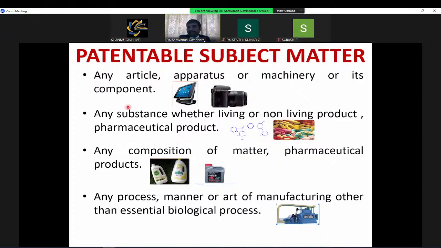So as we can get a patent for pharmaceutical products, that's why we are discussing it now. Okay, or any composition of matter or pharmaceutical products, or any process, manner, or art of manufacturing other than essential biological process. For all those things, we are able to file a patent and get those patents.